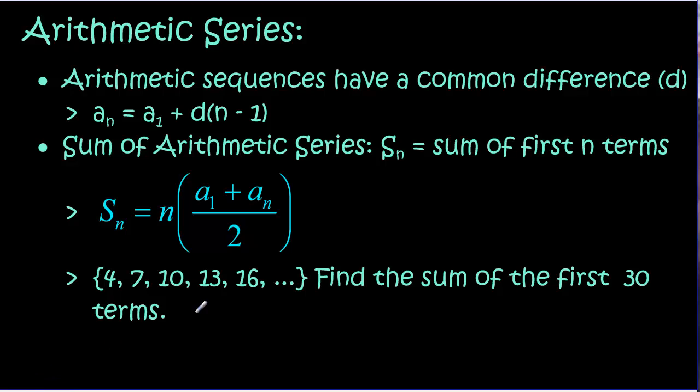All right, so just like when we talked about sequences, we have two kinds of series. We have arithmetic series and geometric series. Remember, arithmetic sequences had a common difference. The adjacent numbers, we kept adding d over and over, and this is our formula for writing the rule to find the nth term of an arithmetic sequence.